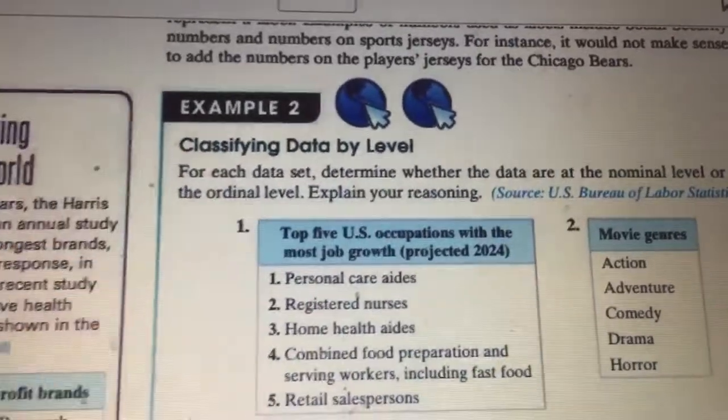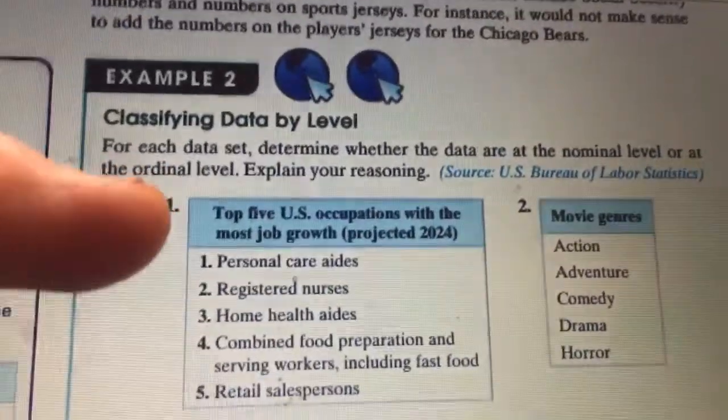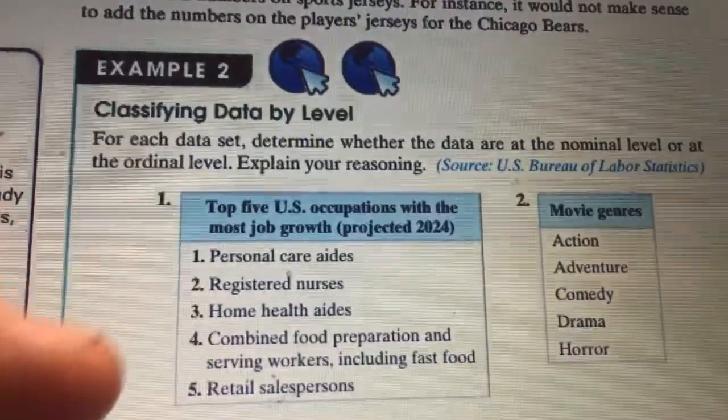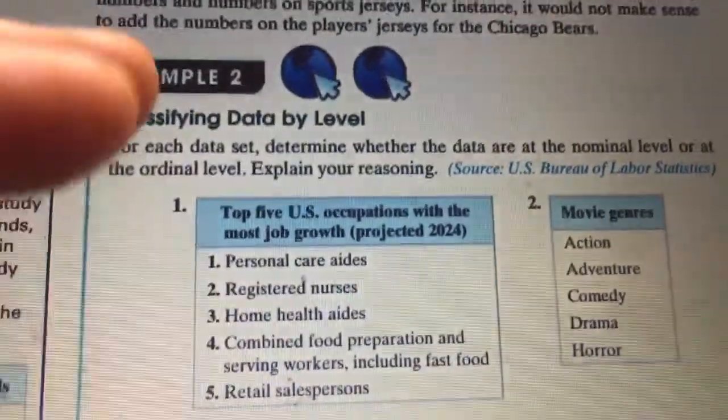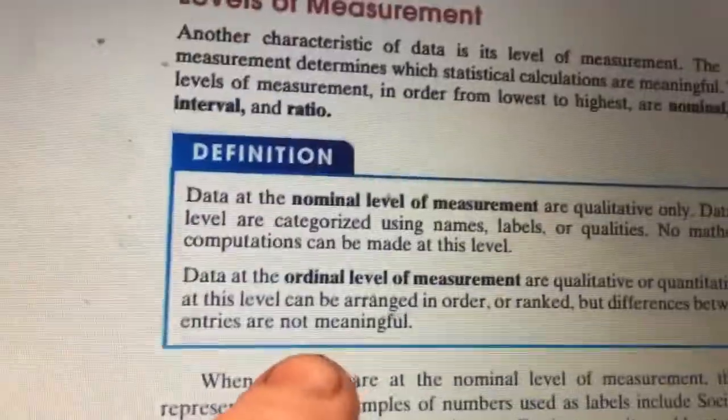These are qualitative because these are qualities here: personal care aides, registered nurses, home health aides, but they're arranged in order. So that would be ordinal, because they're arranged in order.